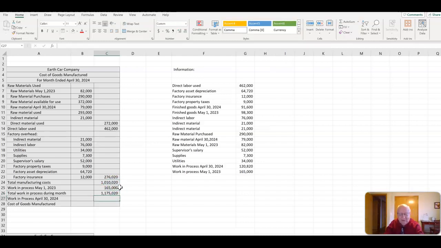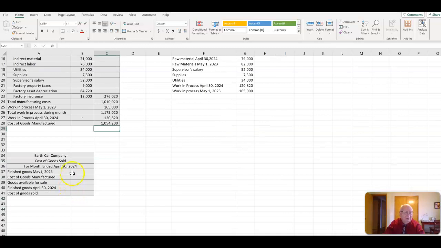In this case, it's a month. Then we subtract off the ending work in process, and then we would have our cost of goods manufactured. Just make sure you subtract that off. That gives us $1,054,200. So that's our manufacturing statement.